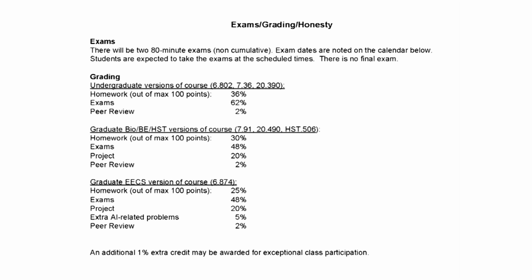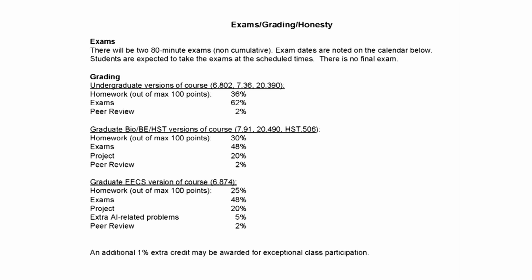The grading, so for those taking the undergrad version, the homeworks will count 36% out of the maximum 100 points, and the exams will count 62%. And then this peer review, where there are 2 days where you listen to presentations and submit comments online, counts 2%. Okay?